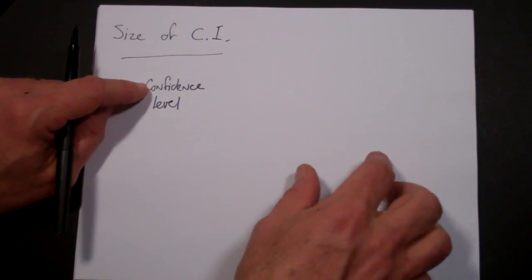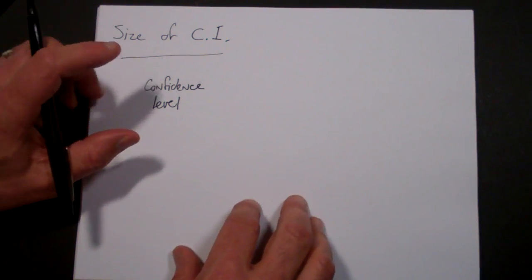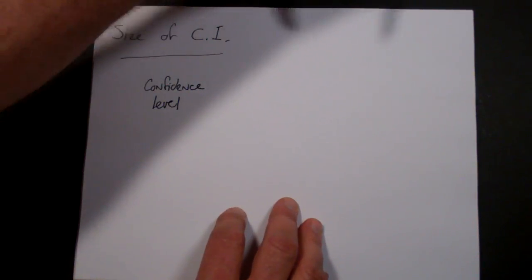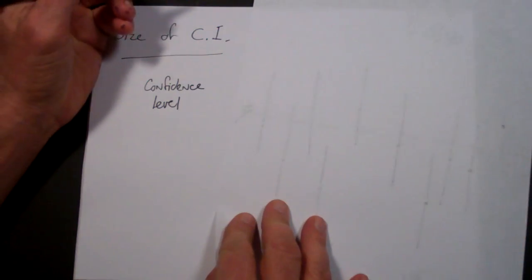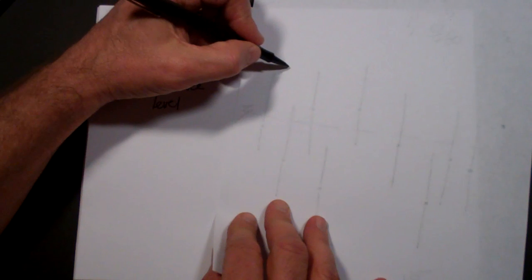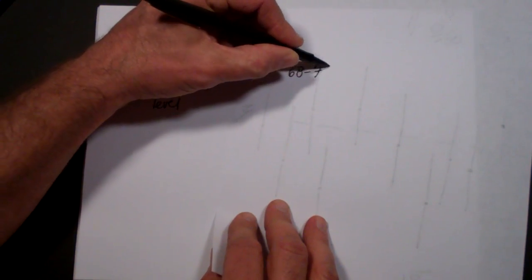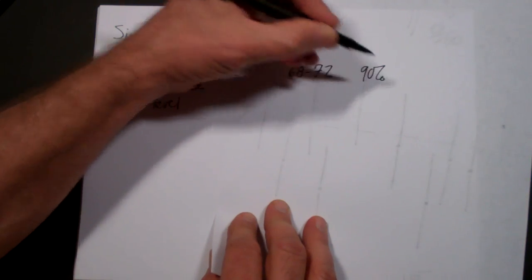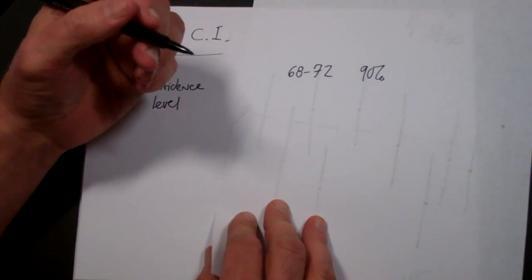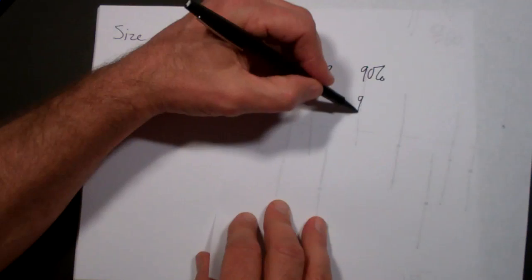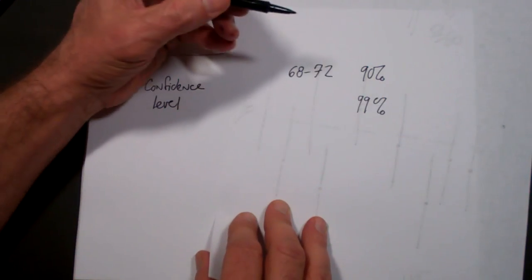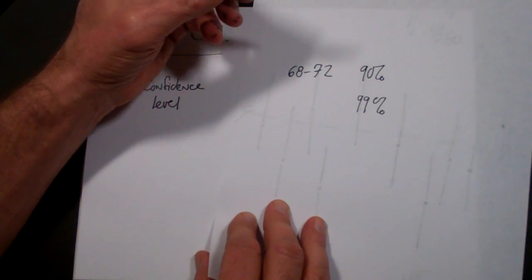Right? Let me try to guess Joe Biden's age. I think he's about 70. I'm not really sure. But let's say that I'm 90% sure he's between 68 and 72. That might be true. But what if you say 90% is not good enough? You should be 99% sure. Well, let's see.